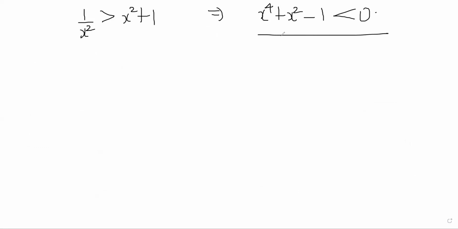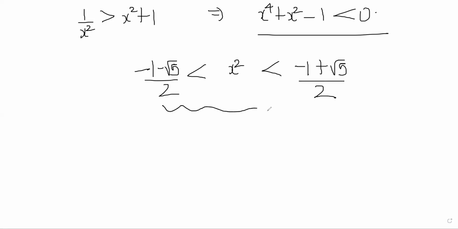Now we get a quadratic. 1 by x square is greater than x square plus 1. That means basically that x power 4 plus x square minus 1 is less than 0. This will happen only when x square is between the two roots. X square is between minus 1 minus root 5 by 2 to minus 1 plus root 5 by 2.